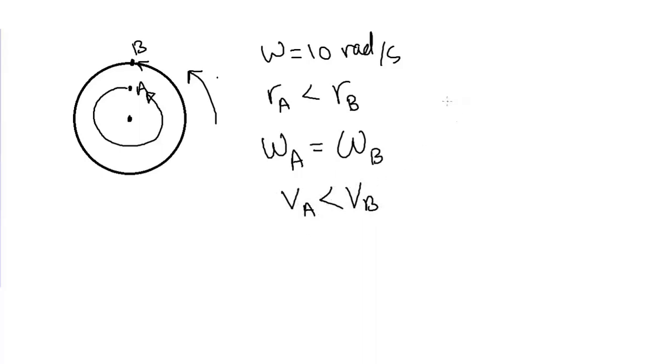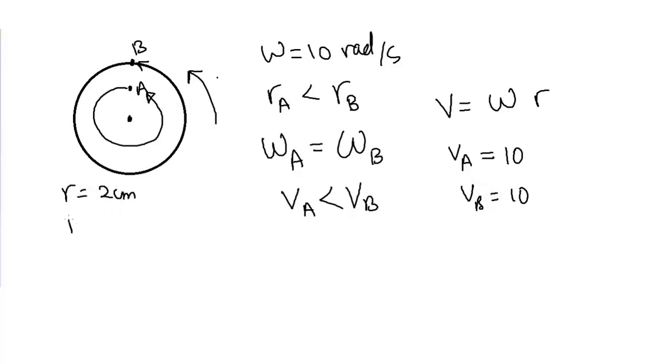And from the equation, we see that v equals omega r. In this case, omega is the same, 10 for A and 10 for B. So what about vA and vB? Let's say rA is 2 centimeters and rB is 4 centimeters.